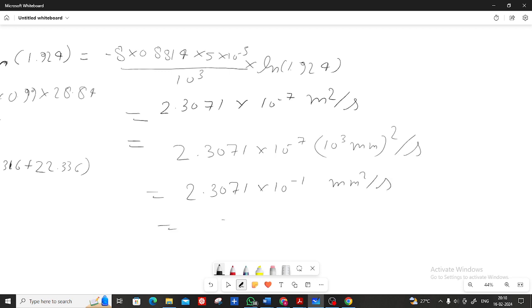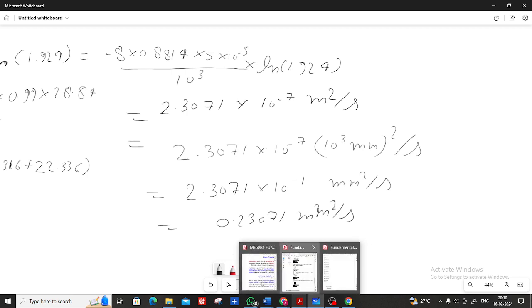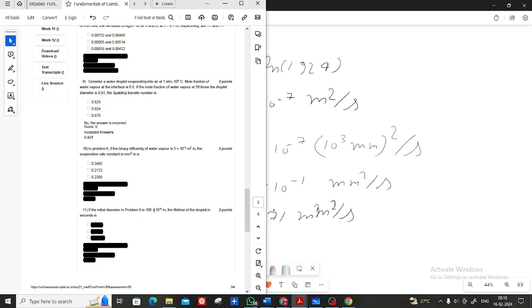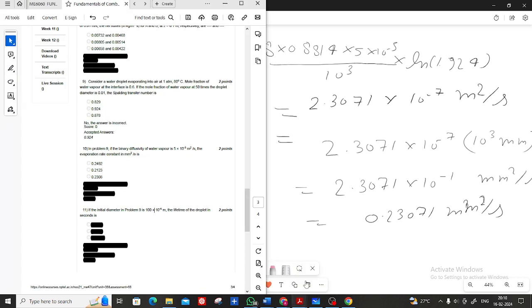So it will be 0.23071 mm square per second. So that is the correct answer, 0.2308.